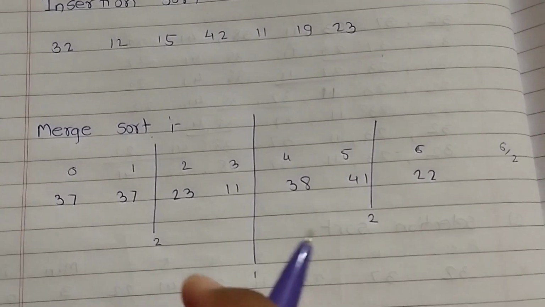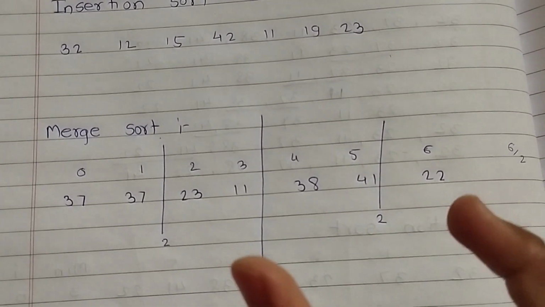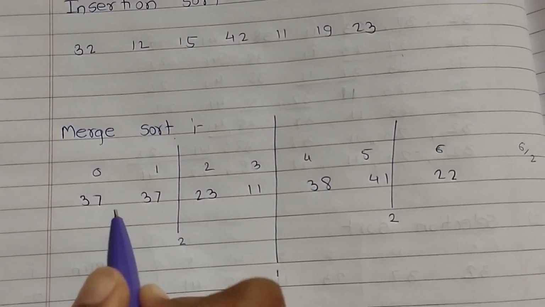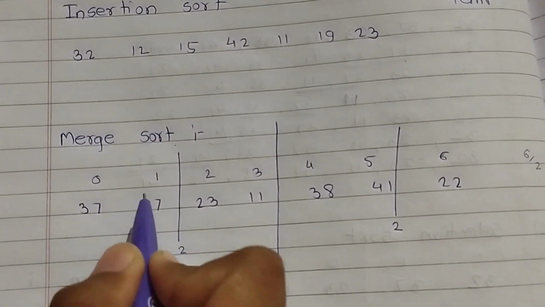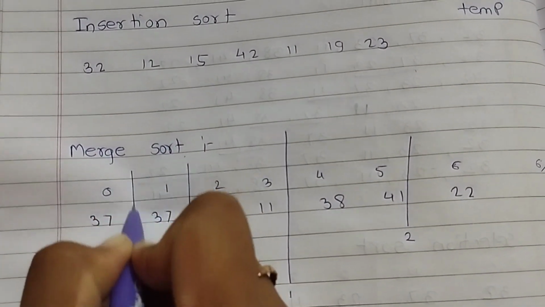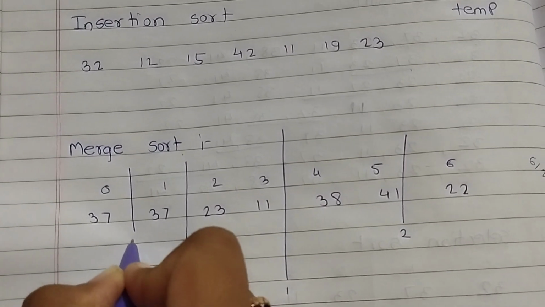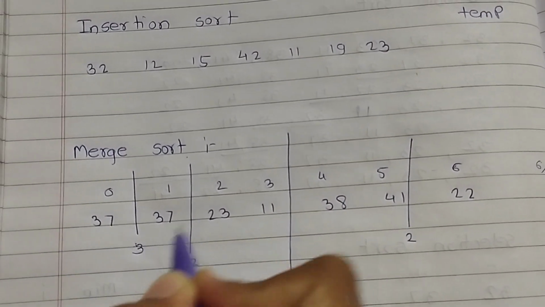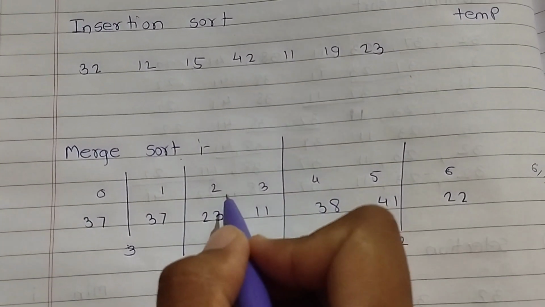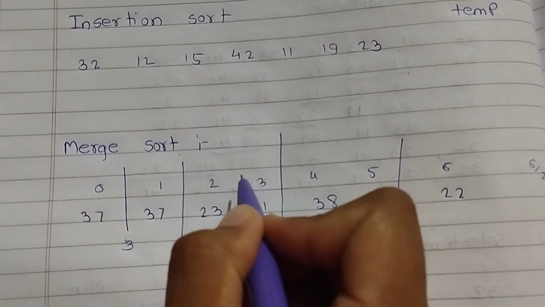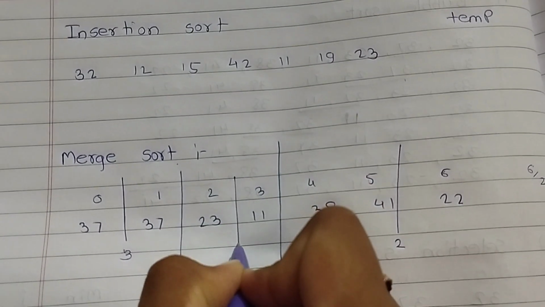We divide each part one by one. So now we divide for the third time. 0 plus 1 is 1. 1 divided by 2 is 0. So this is where we divided the third time. Now 2 plus 3 is 5. 5 divided by 2 is 2.